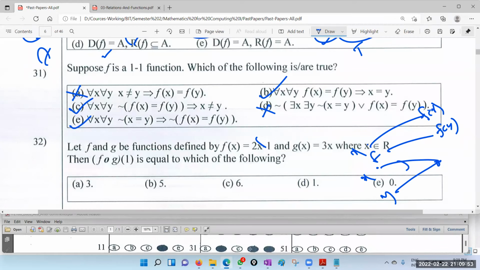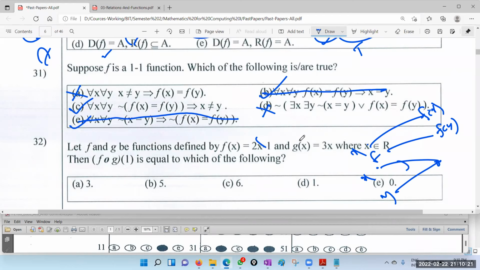B, C, E. So they have not taken C, rather they have taken D. So E answer is okay. So this is out of question, that is correct. B answer is also okay, but they have not taken C, they have taken D. Why is that?